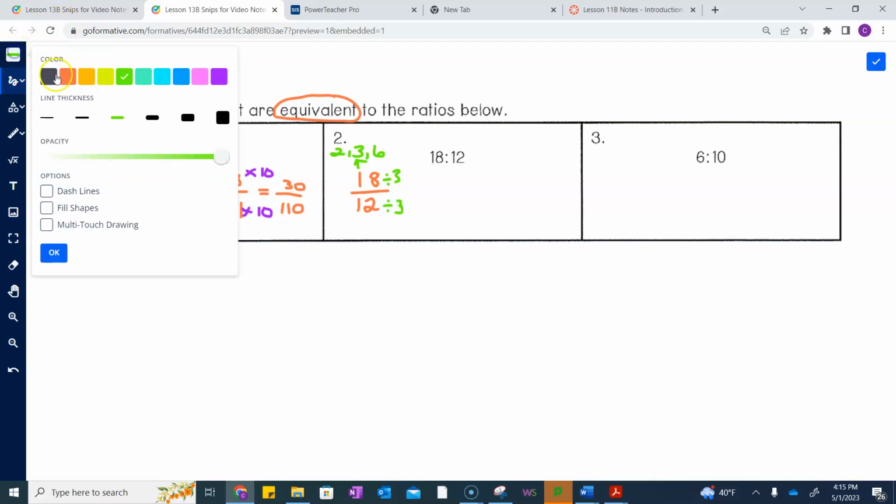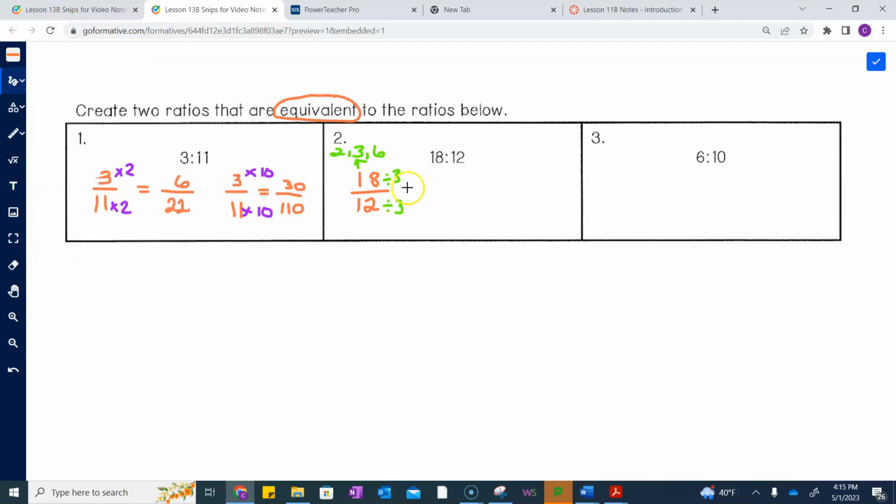So I'm going to divide the top and bottom both by 3 to create that equivalent fraction. And I get 6 over 4. It's not in lowest terms, but it is scaled down. It's equivalent to 18 to 12. And we have to do another one. I can scale it down again, or I can scale it up by multiplying by any number I want. I am going to scale this up.